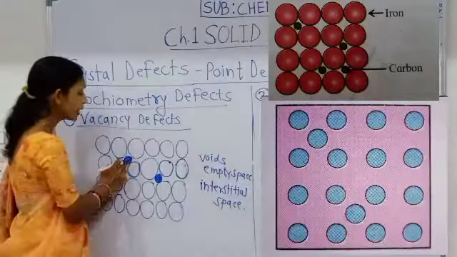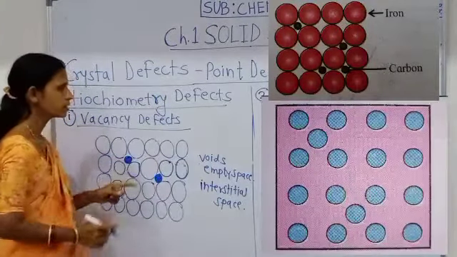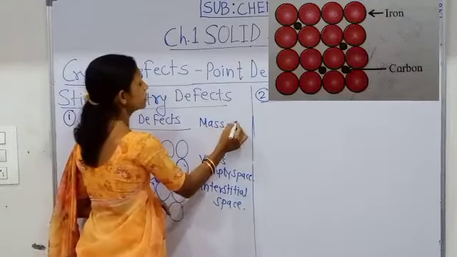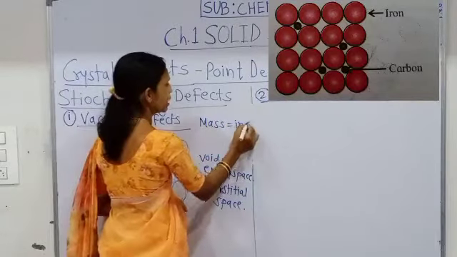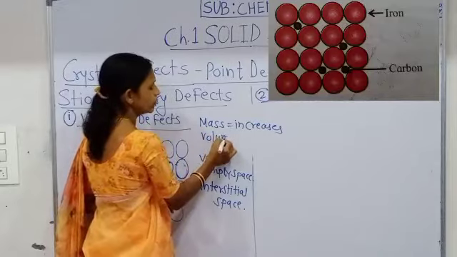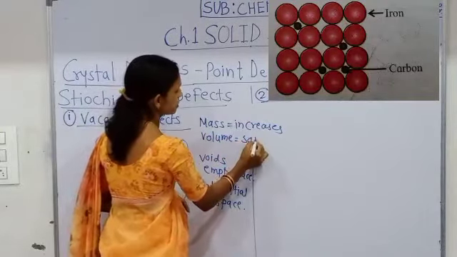Then, see here, extra particles occupy the interstitial space, therefore the mass of the crystalline substance increases. Here mass increases, but the volume of the crystalline substance remains the same.